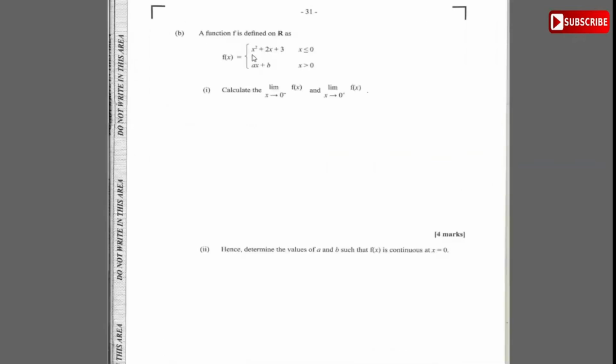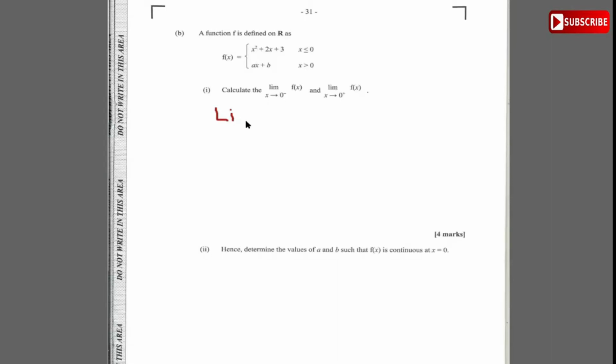Part B, it says a function f is defined on real numbers, and it says calculate the limit from the left-hand side and the limit from the right-hand side. The limit from the left-hand side, you just plug in right here.